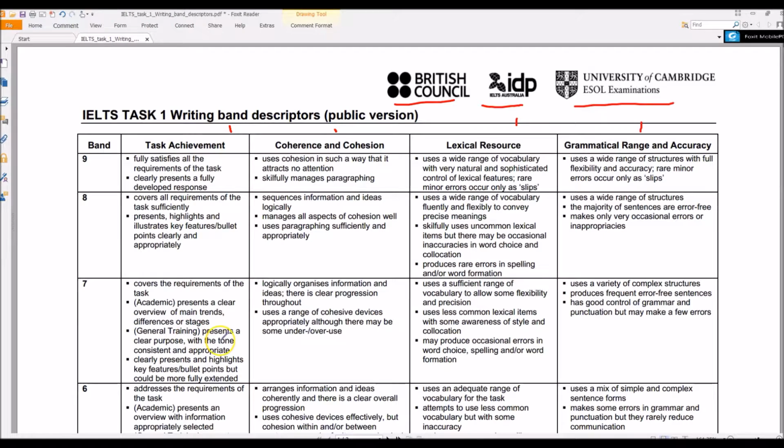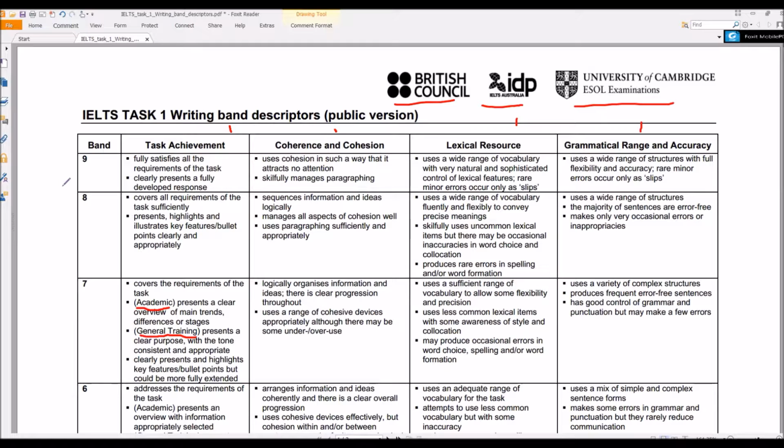Now, because we're talking about the academic, there's a slight difference in task achievement between the general training and the academic. Now, I made a couple of videos about a letter task, formal and informal. Obviously you have to write 150 words.